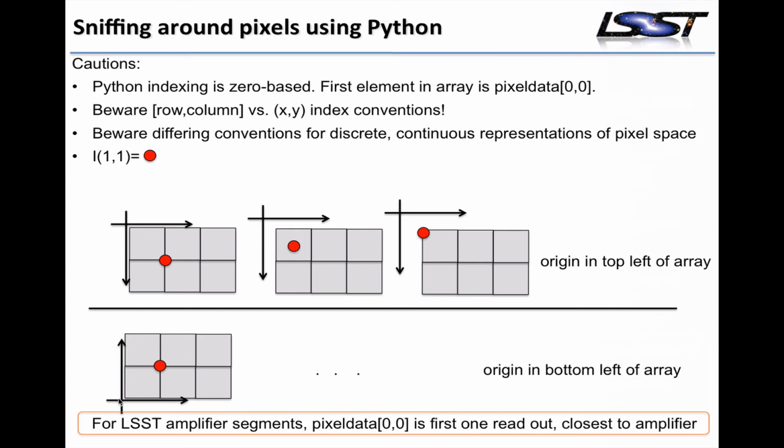array. So for LSST amplifier segments, the first element in the array is always the one that's physically read out first. And I'll just caution you that those different astronomical image processing tools that I mentioned earlier, IDL, IRAF, Python, source extractor, and so on, use different coordinate conventions.